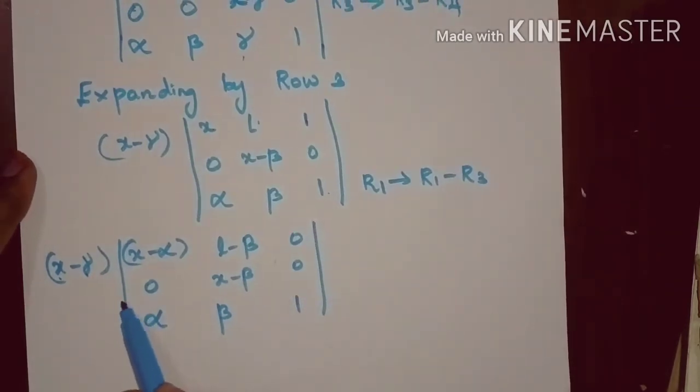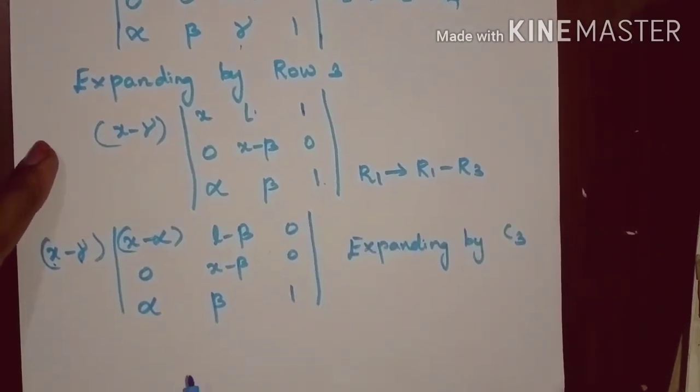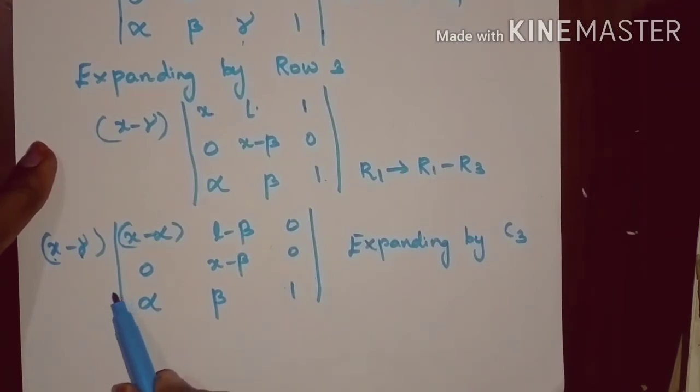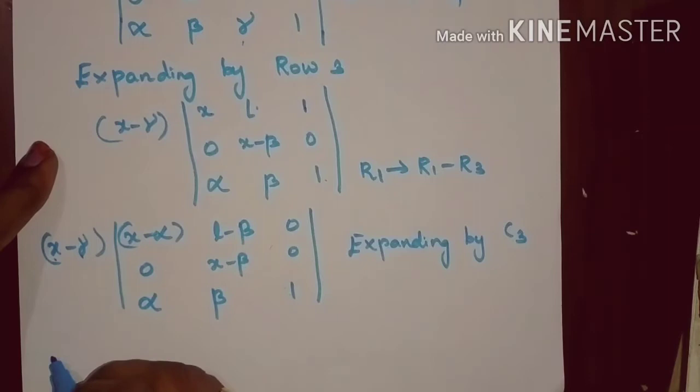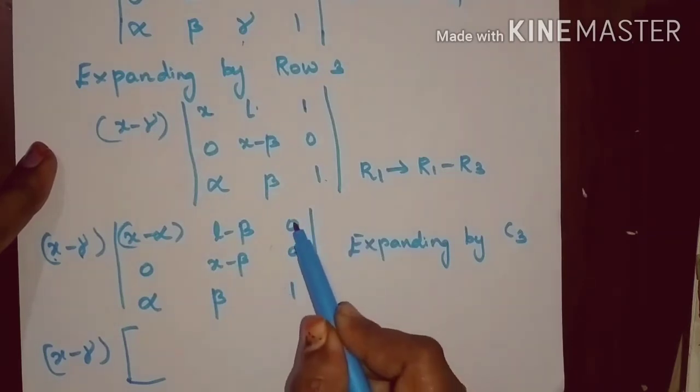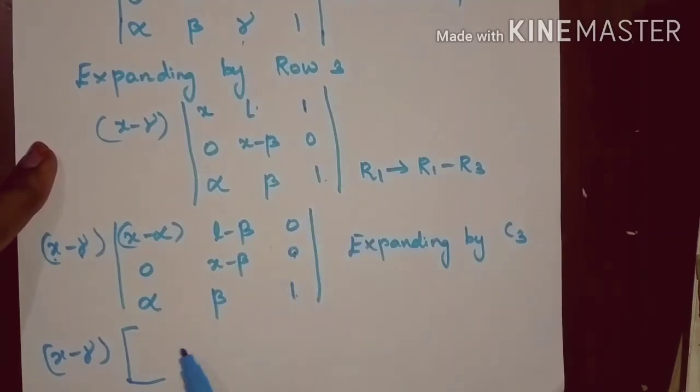Now I am going to expand by column 3. For expanding C3, we have to eliminate this row and this column. You will get an element as x minus gamma. Because these two terms are 0, obviously we have to take this term alone, 1 into the cofactor of that term.